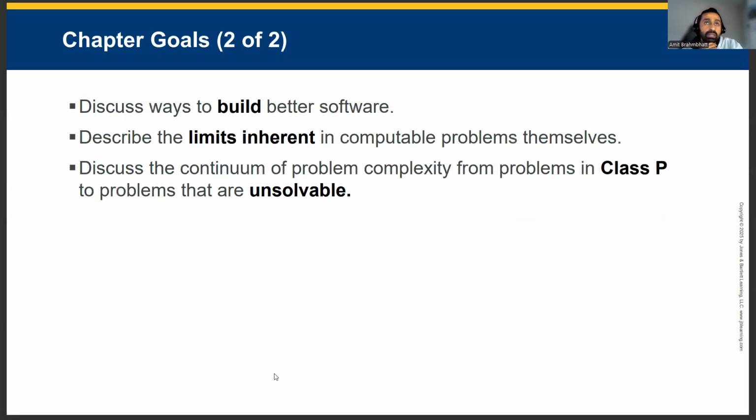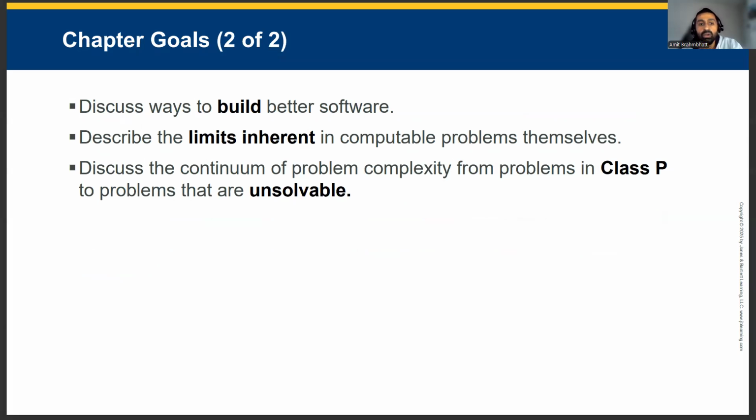The second set of chapter goals, we discuss ways to build better software, and the goal moves beyond hardware and software limitations to the deeper questions of computability itself. We use engineering approaches, testing techniques, and formal verification to build better software.